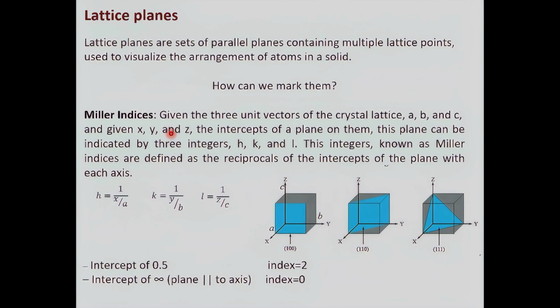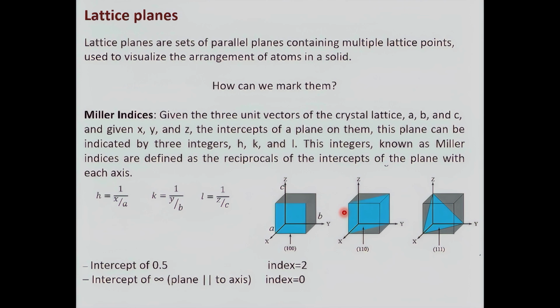The lattice planes are a set of parallel planes which contain many lattice points and are used just for this, to visualize how the atoms are oriented and arranged in the solid. We use the so-called Miller indices that you know, HKL, to describe each lattice plane.